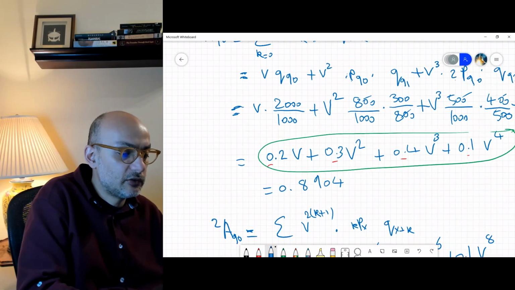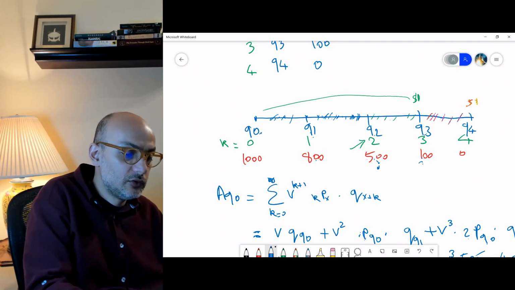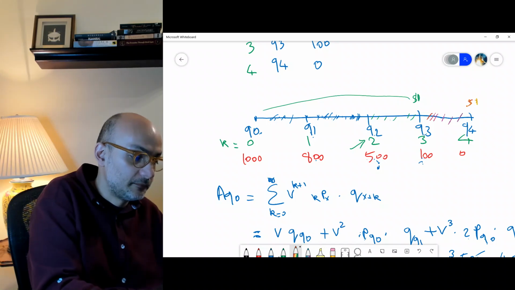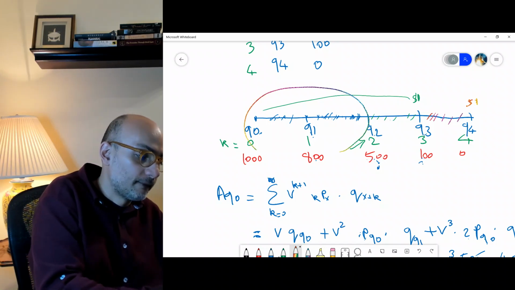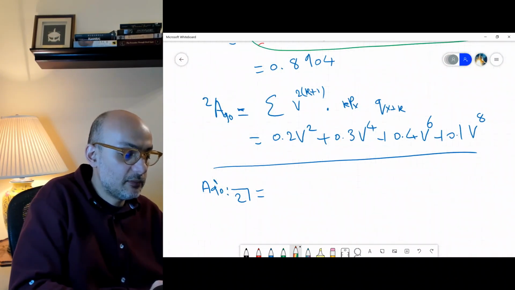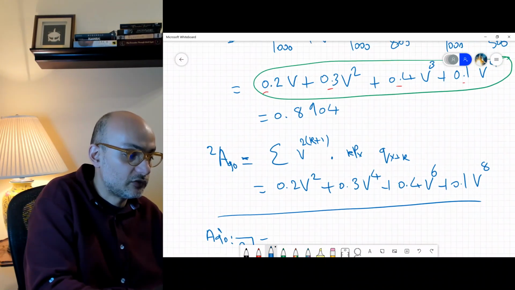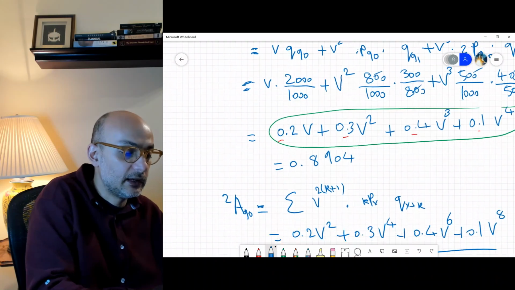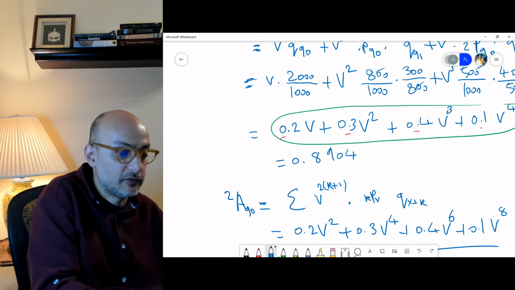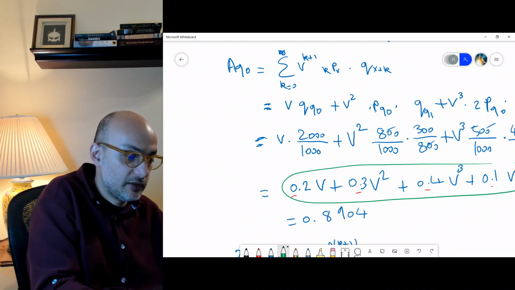If you go back to this line, you don't need to do it everywhere. You do it for this period here. So you do it for 2 terms. It's exactly the same thing, but you do it for 2 terms, which you don't need to do again. All you need to do is 0.2v plus 0.3v², the first 2 terms.